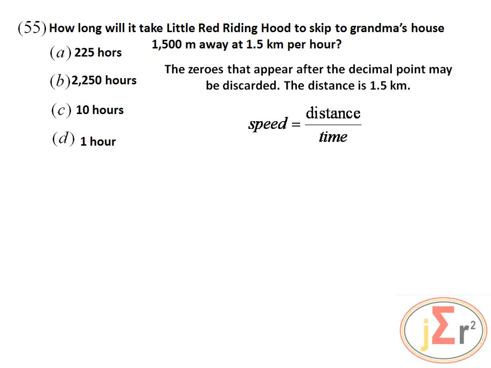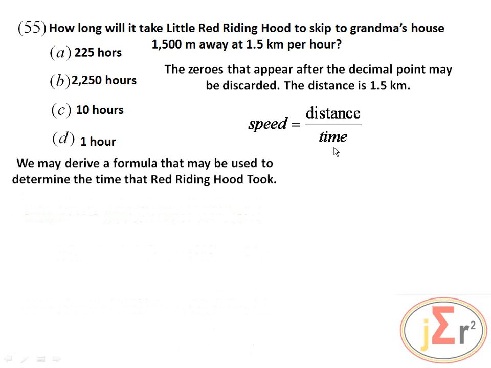And we have here, speed is equal to distance over time. We may derive a formula that may be used to determine the time that Red Riding Hood spent. So if we are going to find time, the time is in the denominator right here. We are going to transpose time to the left hand side. We are dividing by time here. So because we are dividing by time, we have to do the opposite of dividing by time, which is multiplied by time.